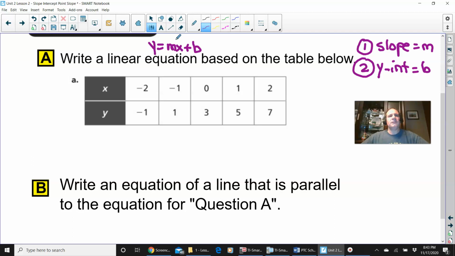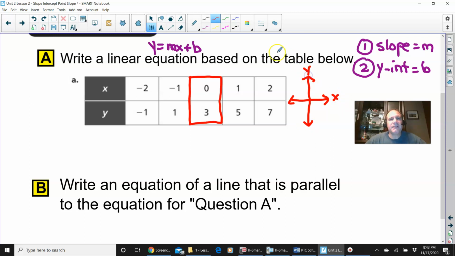Okay. So I am going to outline something for you. The y-intercept is right here. Think about it. If I sketch this, you could always graph it. But if I sketch this, this is my x, this is my y. I'm big onto sketches.